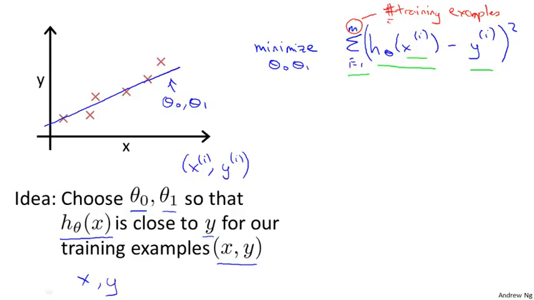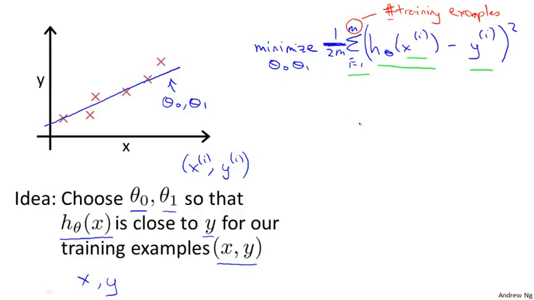Okay? And to make some of our later math a little bit easier, I'm going to actually look at 1 over m times that. So we're going to try to minimize my average error, which is going to be minimizing 1 over 2m. Putting the constant 1/2 in front just makes some of the math a little bit easier. So minimizing 1/2 of something should give you the same values for the parameters theta 0 and theta 1 as minimizing that function.